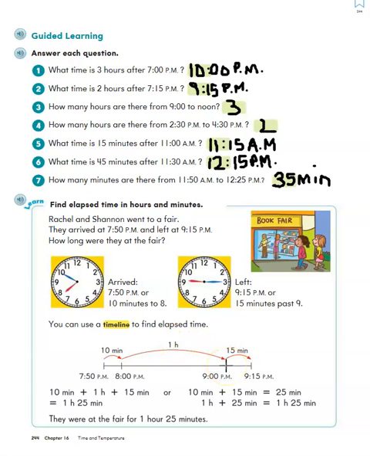Now we're at 9 o'clock, another friendly number. And now we need to get to 9:15. So we can jump from 9 o'clock to 9:15, and that's a jump of 15 minutes. Now all we have to do is add up all our times. Okay, so we know we have 1 hour, and then our minutes are 15 minutes plus 10 minutes, which is 25. So the total time they were at the fair would be 1 hour and 25 minutes.